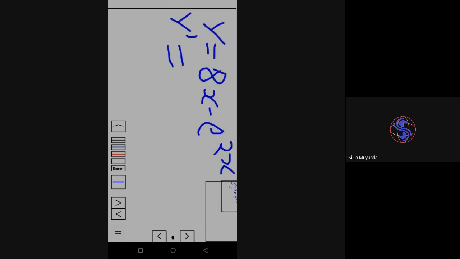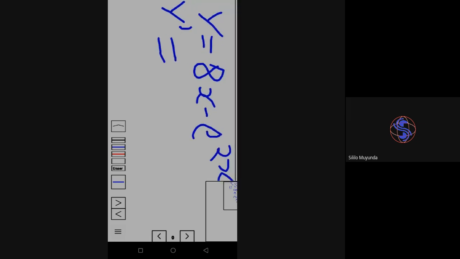Okay, so I use the first derivative test. I'm using the symbol y prime. If you want, you can use dy over dx, but it's still the same thing. So y prime of this statement will give us 8.